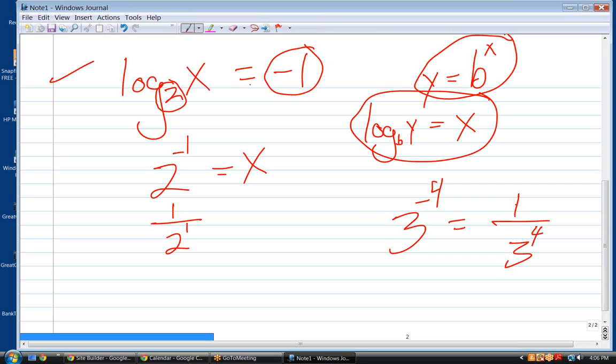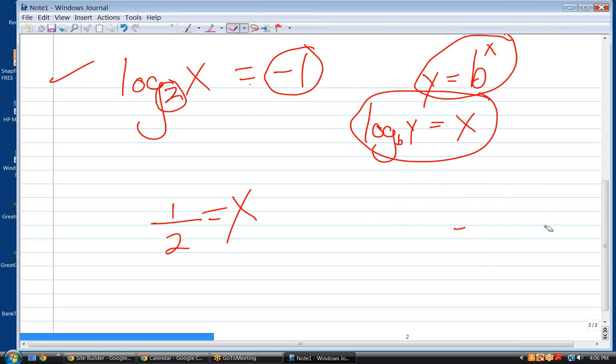Notice it has nothing to do with negative numbers when you have negative exponents. It merely means the reciprocal. So in this case, 1/2 equals x. All I had to do was convert it to its exponential expression.